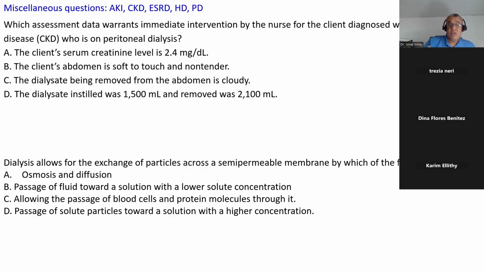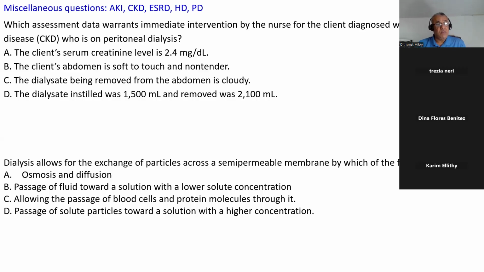The two mechanisms that govern fluid movement across the membrane and removal of waste products by the artificial kidney, the dialysis machine, are osmosis and diffusion.